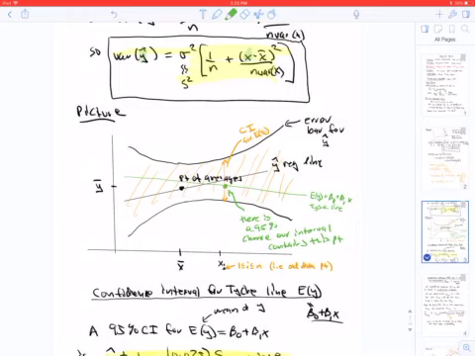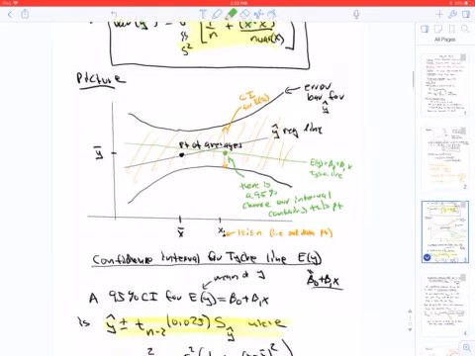Okay, so with this x, what this expression is saying is that I get a confidence interval for E of y, a confidence interval for E of y, which is this interval shown here.